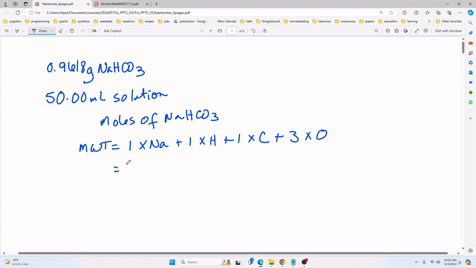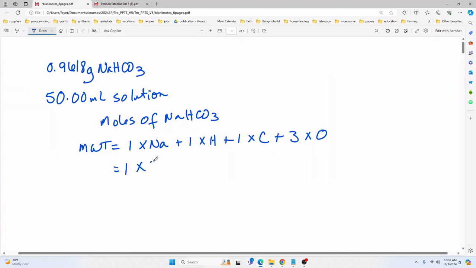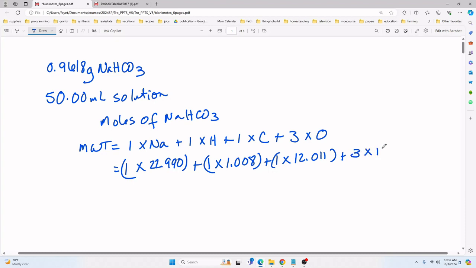Okay, so that's equal to 1 times 22.990 plus 1 times 1.008 for hydrogen plus 1 times 12.011 for carbon plus 3 times 15.999 for oxygen.